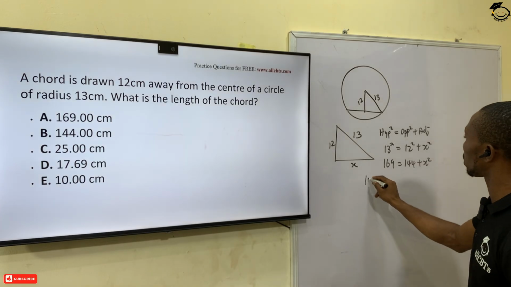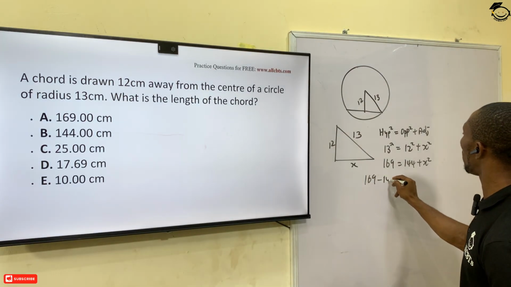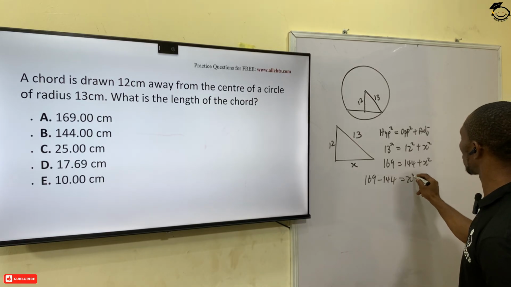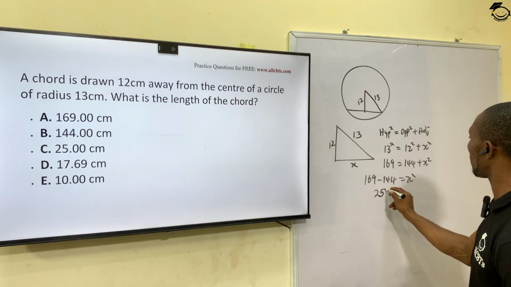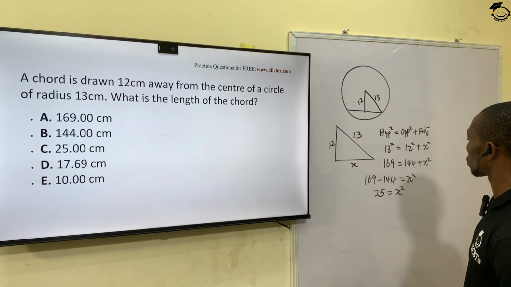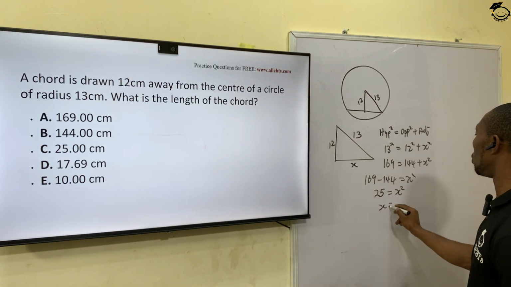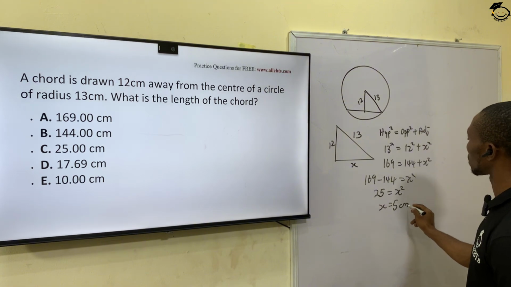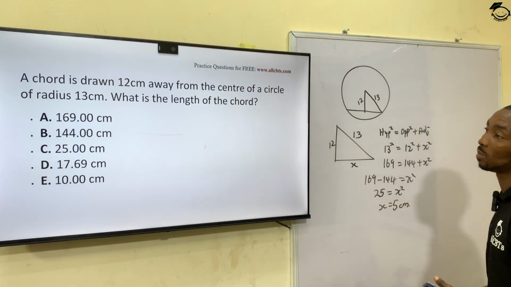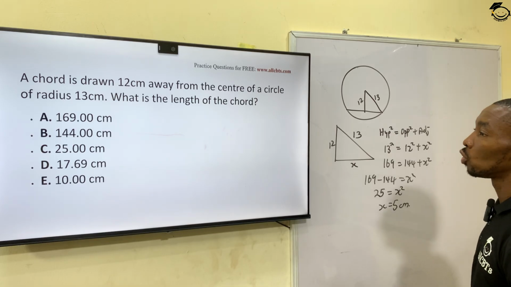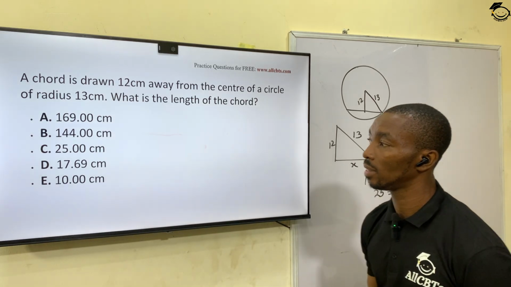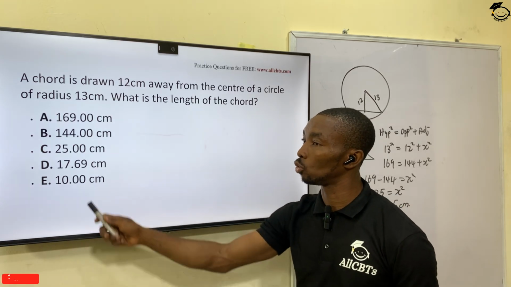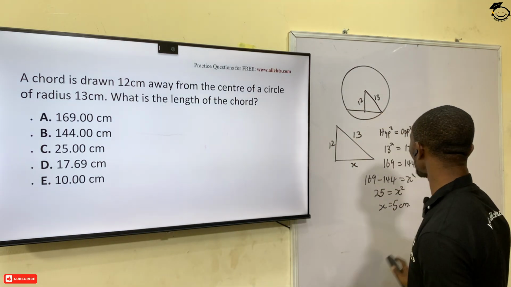So 169 minus 144 gives us our x squared, which is 25. So x would be 5 centimeters. Now, if x is 5 centimeters, the length of the chord will be 5 times 2, or 5 plus 5, which gives us 10 centimeters. So our length of chord will be 10 centimeters.